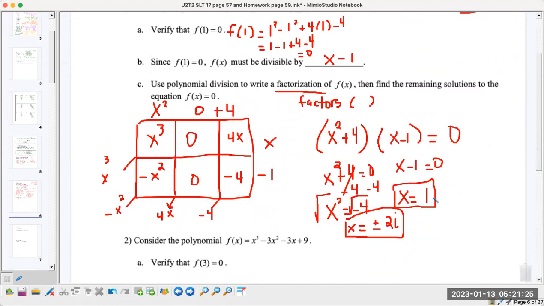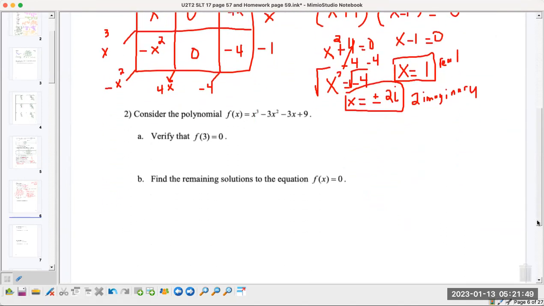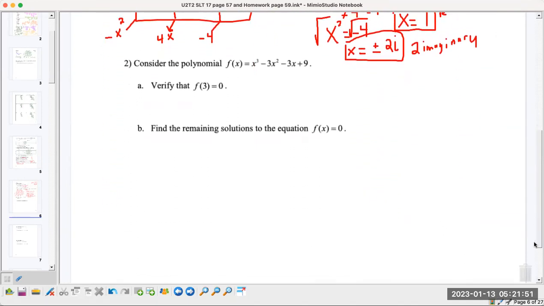But I see that I have one real root, and I have 2 imaginary complex roots. Okay, and that's a total of 3. And that's what I'm expecting. All righty. Hopefully you got the gist of that, and you can pause the video and do the next one on your own.